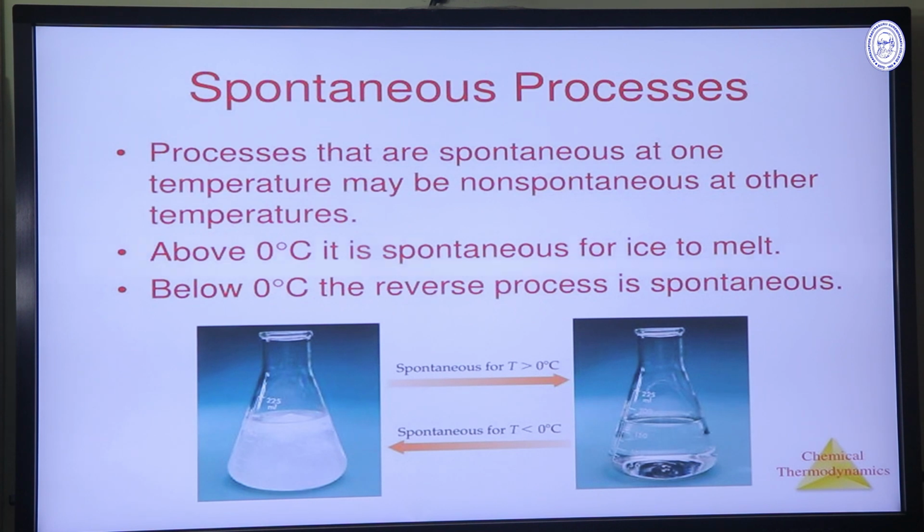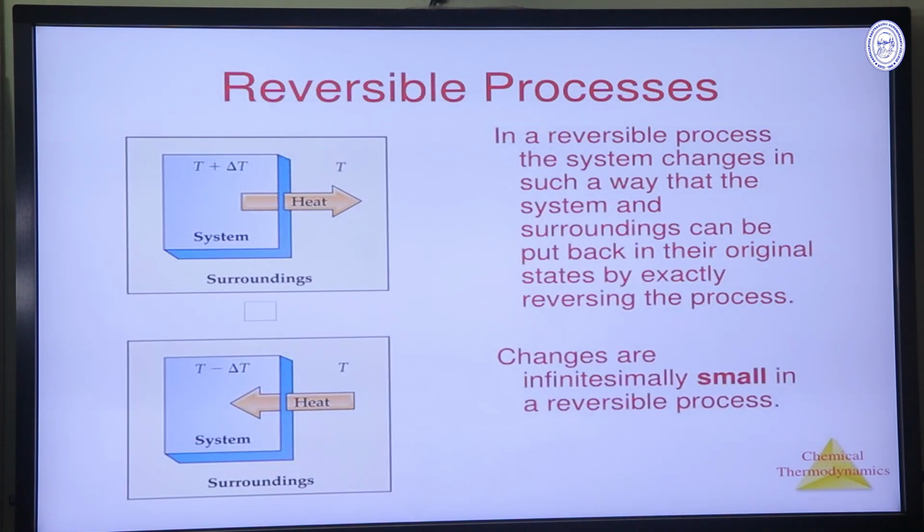Above 0 degree centigrade, it is spontaneous for ice to melt, but below 0 degree centigrade, the reverse process is spontaneous. So, there are numerous examples of spontaneous processes. When we go into the second law of thermodynamics, its explanation, and its relation to our practical life, we will be dealing more with the spontaneous processes.